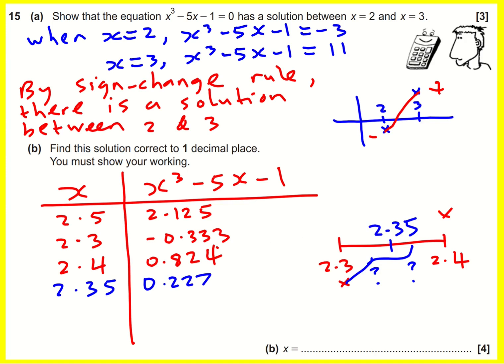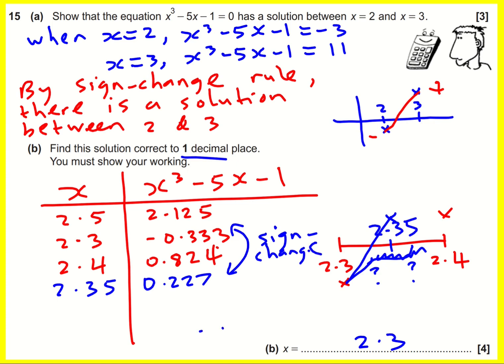So basically we've shown that it's positive here, and therefore actually this was wrong. There would have been a sign change between 2.3 and 2.35. So the answer to one decimal place, that's what we're being asked to do, is 2.3. And I might even indicate it, so sign change here. Okay, well done.